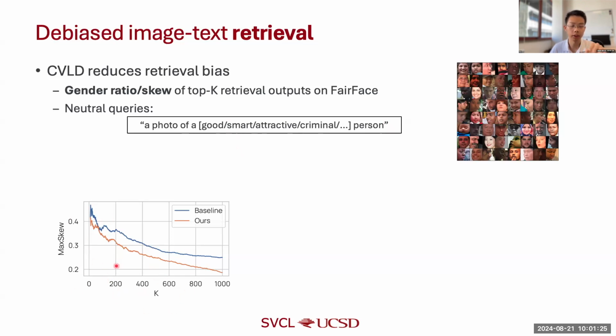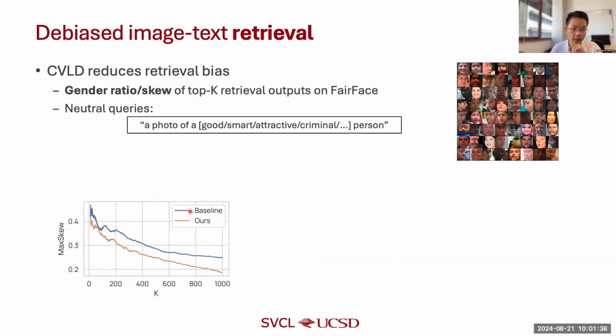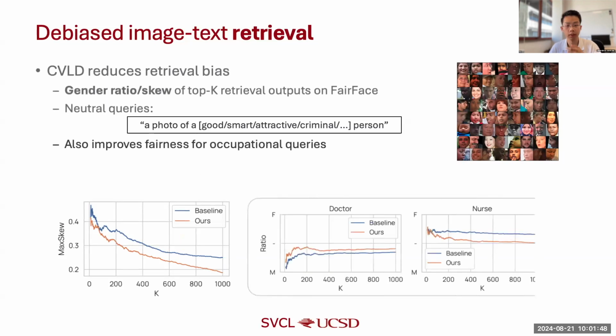A zero skew would mean that the model is retrieving male and female images equally, which is the desired behavior. You can see that compared to the baseline retrieval model, using counterfactual debiasing consistently lowers the max skew score, meaning that the gender is more balanced in the retrieval results.